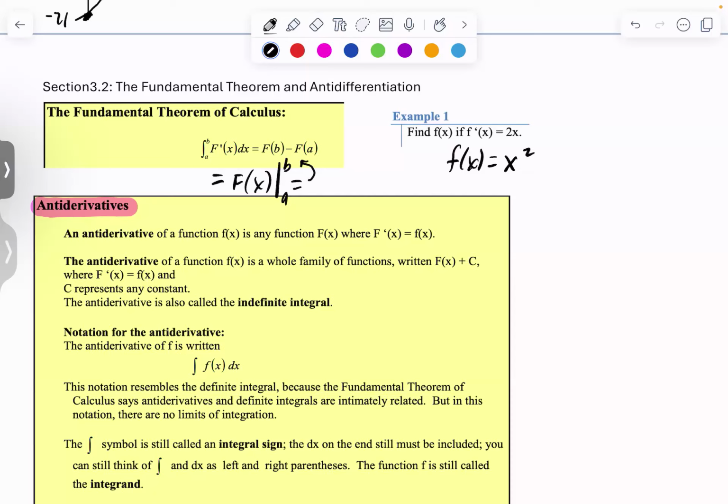Meaning the derivative of f of x, which is x squared, becomes 2x. So the derivative goes this way, and the antiderivative goes this way.